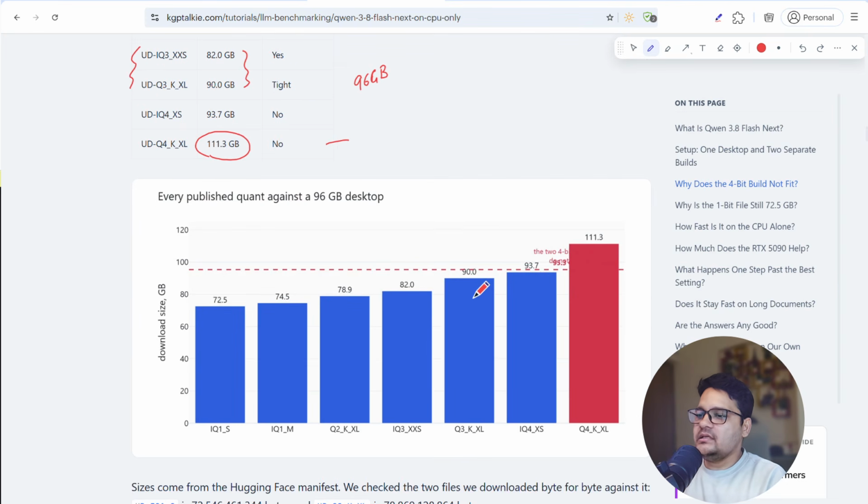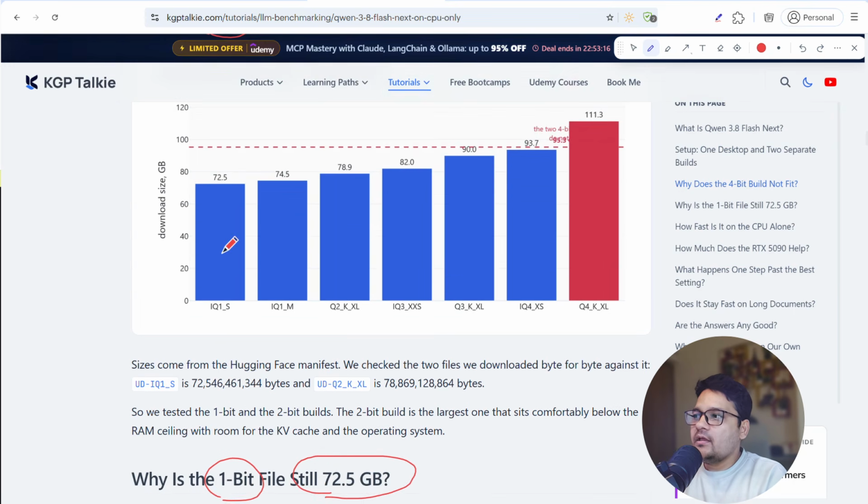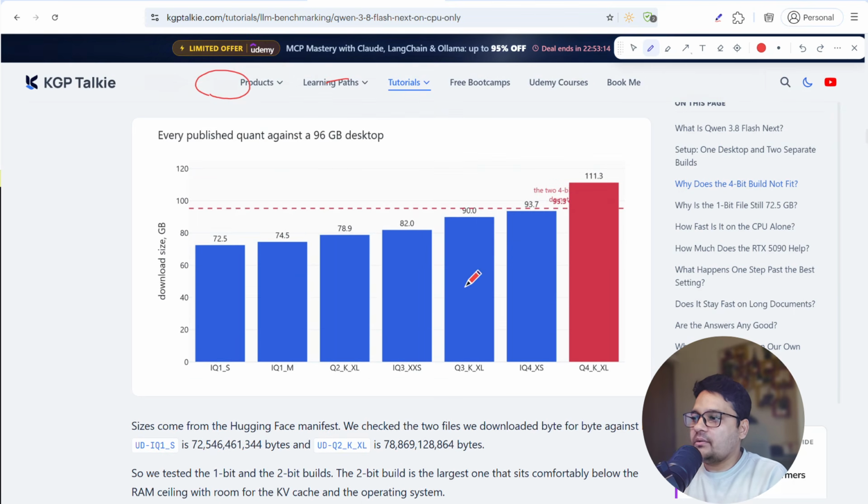Now the question comes: why do we actually need 72 GB even if we are using 1-bit? This is a huge statement. Why? Because if you notice, when we come from floating point 16, FP16, the memory requirement was 360 gigabytes, and if we come to Q4, the memory requirement is 111 GB.